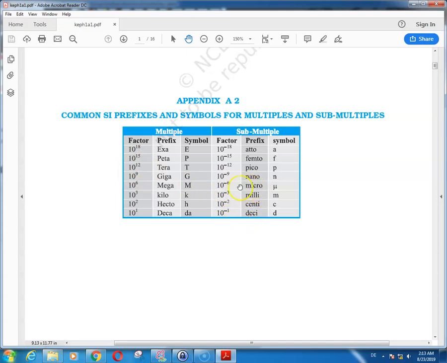Milli is important, micro, nano, and pico, and these are not that important. Milli is 10 raised to the power negative 3, micro is 10 raised to the power negative 6, nano is 10 raised to the power negative 9, pico is 10 raised to the power negative 12, and femto and atto are usually not even there. So take a screenshot of this and keep it. You will be using it.